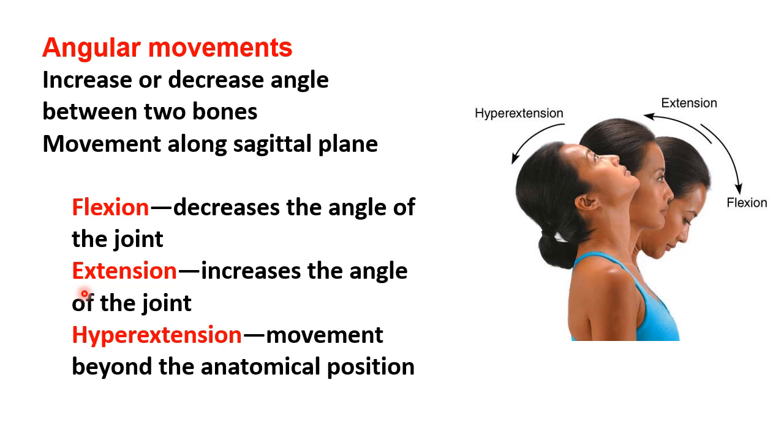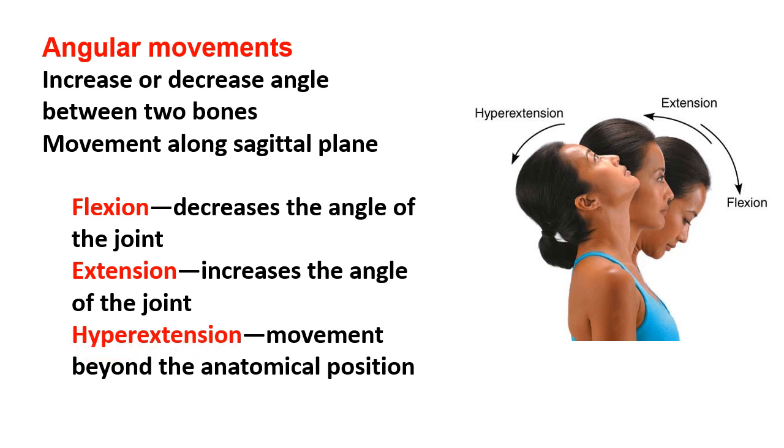What angle is this? 90. What angle is this? 45, right? Okay, so this is flexing. Extension is the opposite. You have a bone in a certain place and you increase the angle up to 180 degrees. So that's your extension. That's simple, right? Flexion, extension.